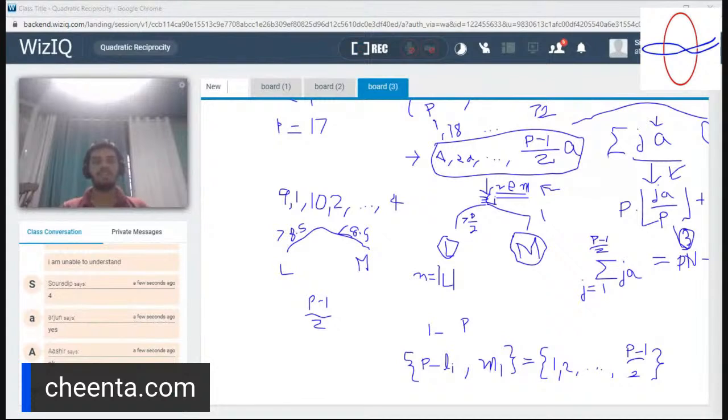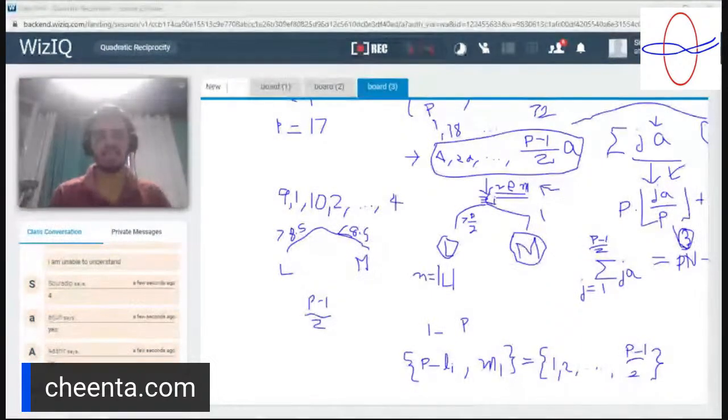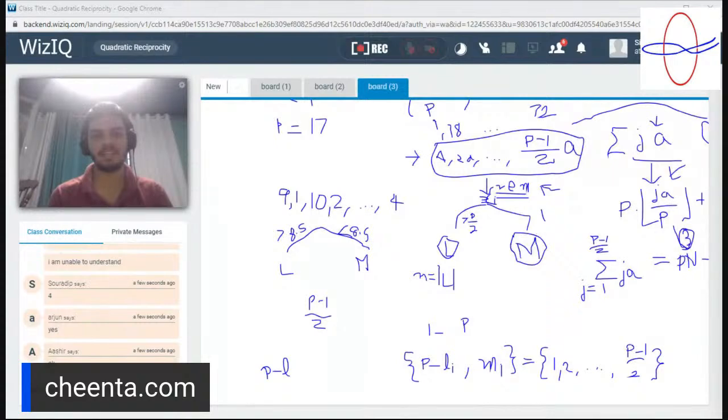Right? So the way we did this before, if you want to remember, is that we proved that none of the Li's are equal to one another. So all of the p minus Li's are distinct, all of the Mi's are distinct, and then we had that section where we proved that p minus Li equal to Mi gives a very weird result.